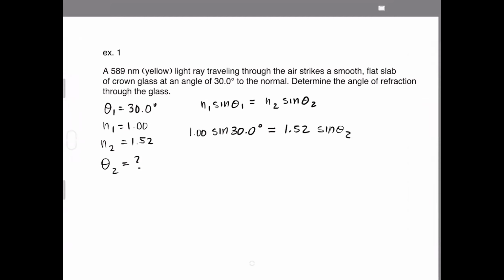On the left-hand side, we have 1 times sine 30, and I'm using my calculator here. It's equal to exactly 0.50. 1.52 sine theta 2 on the right. I'm going to divide both sides by 1.52. That cancels out.